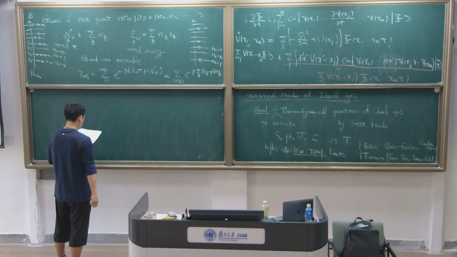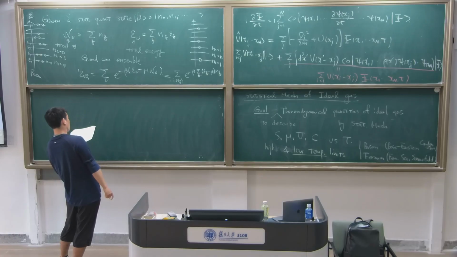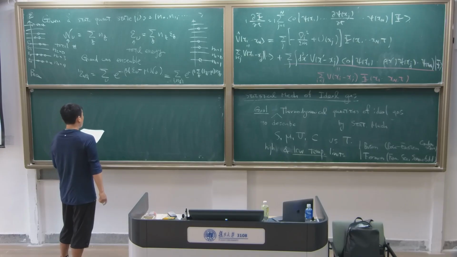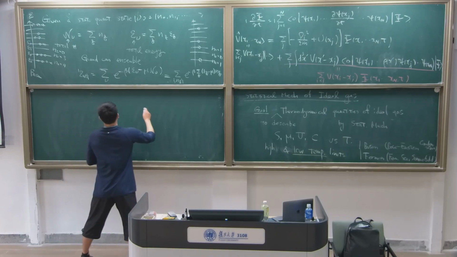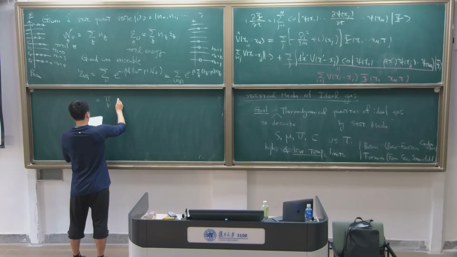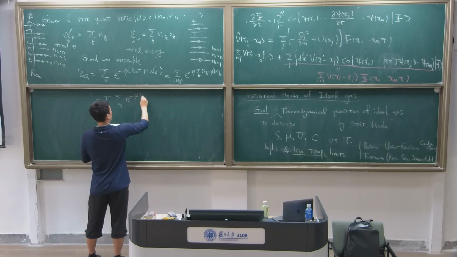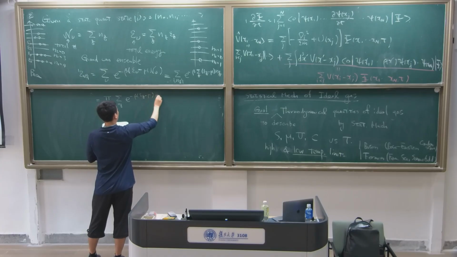So this one can be understood as the sum over the product over q, and the e to the minus beta (epsilon_q minus mu) times n_q.